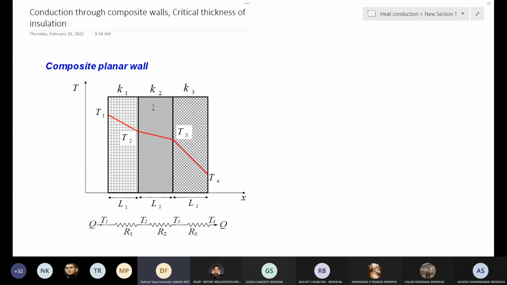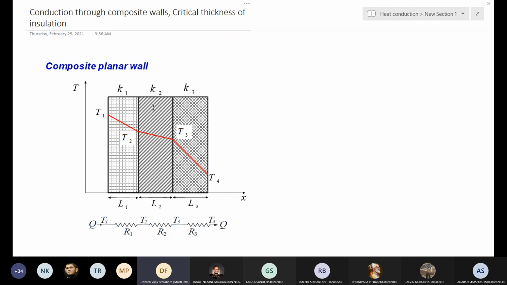Again, you can see the image now. I have shown you 3 walls of thermal conductivity K1, K2, K3. The image shows that the temperature drop across the first wall is T1 minus T2, across the second wall is T2 minus T3, and across the third wall is T3 minus T4.